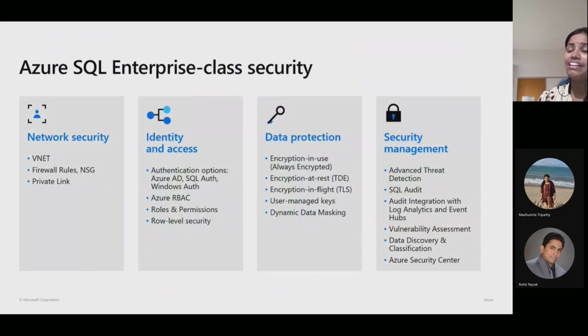So like I said, in the network security layer, you have the firewall rules where you can control what kind of connections you want to allow. You can create a firewall rule at the IP address level. You can create a firewall rule at the virtual network endpoint level. And then we have network security groups that can be used to achieve network security.